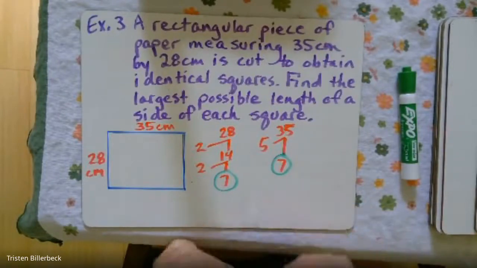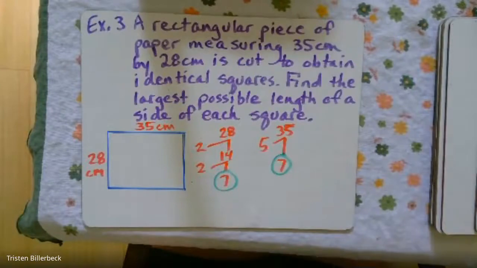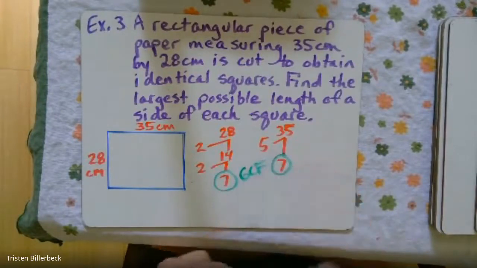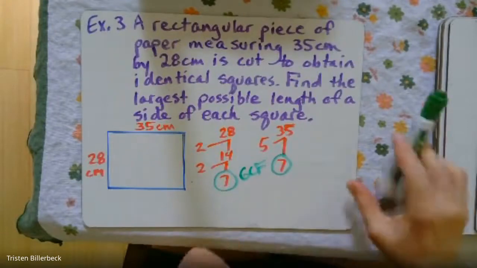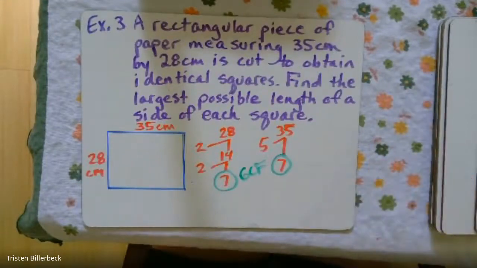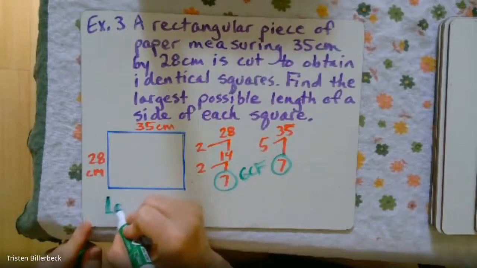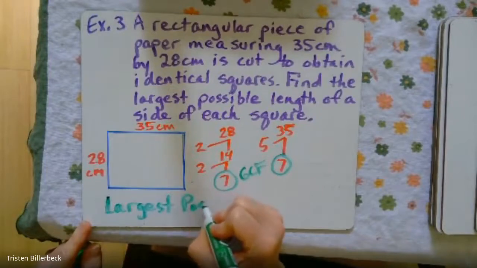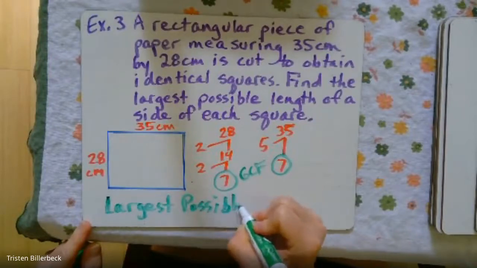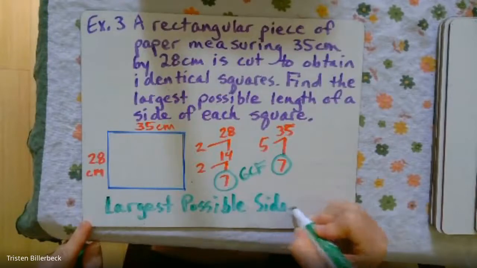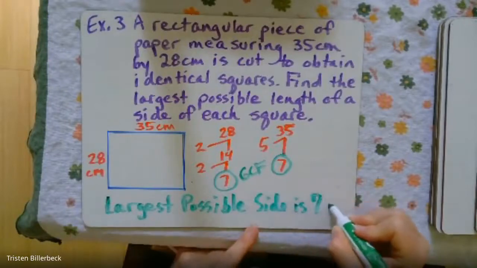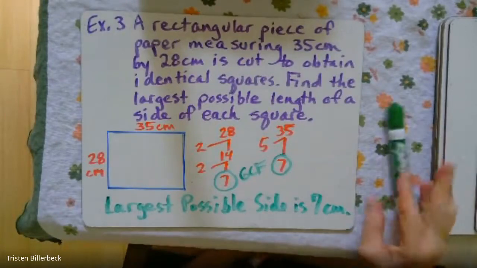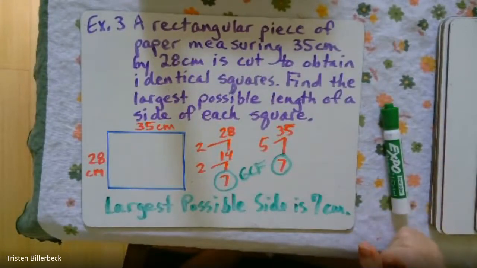So 7 is the greatest common factor. So the largest possible side is 7 centimeters. And that would be the largest side of the square.